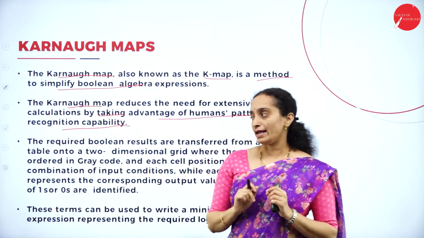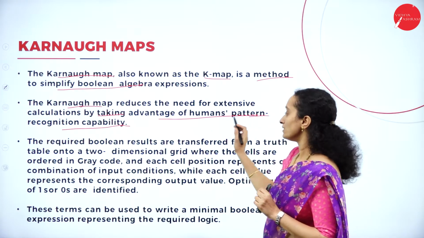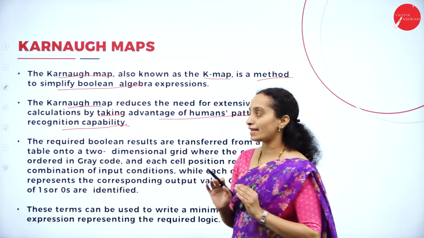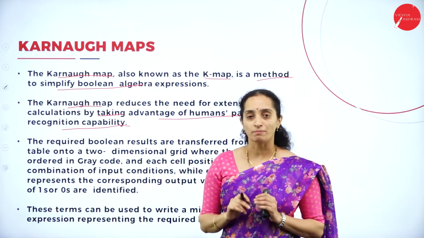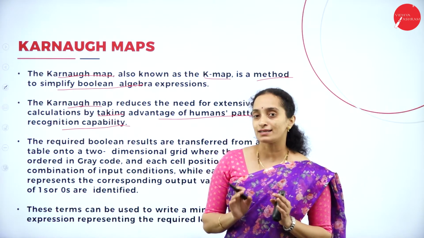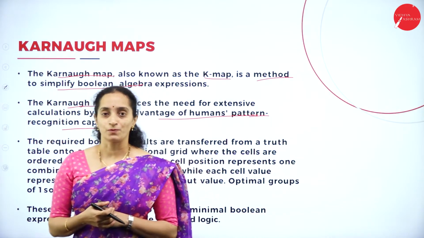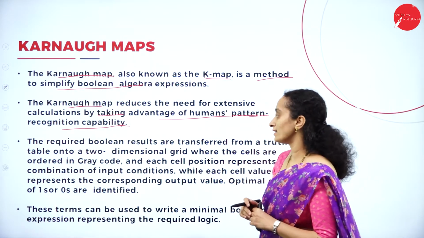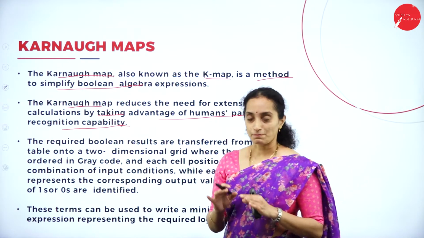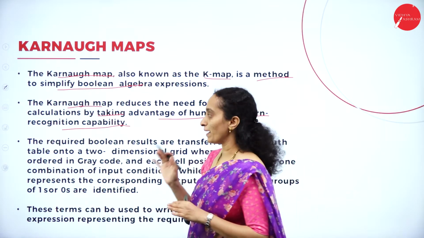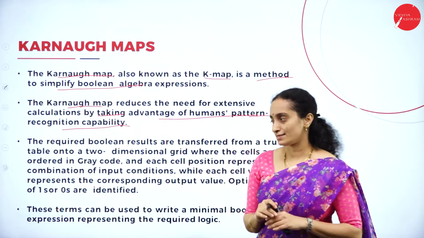So, another thing is, humans can easily recognize patterns. Pattern recognition is another topic of study in computer science, but we will suppress our interest in pattern recognition at this stage.